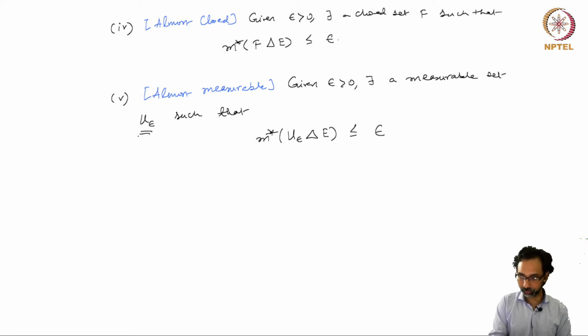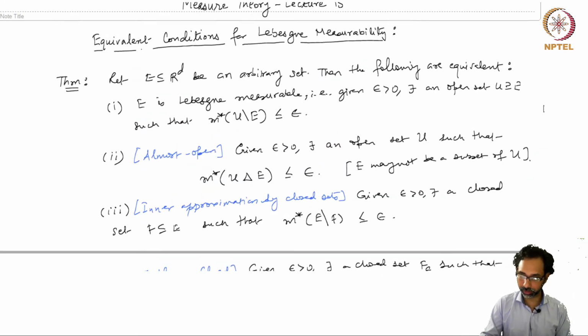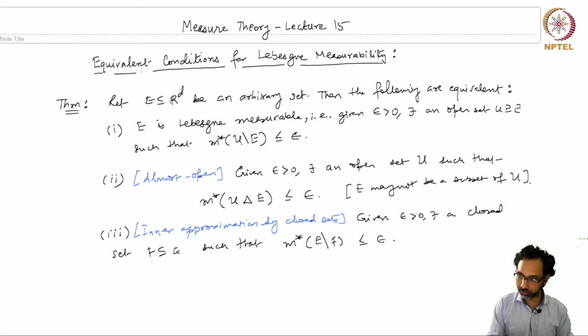So here all these sets, this set and this closed set in the last condition, all of them depend on epsilon. So let me put an epsilon everywhere. This is U epsilon, U epsilon, U epsilon, F epsilon.